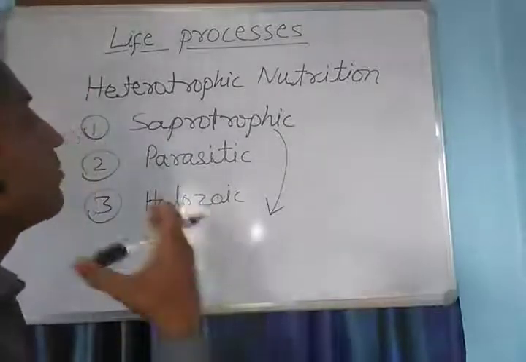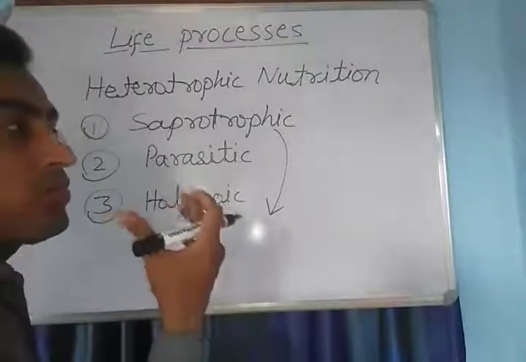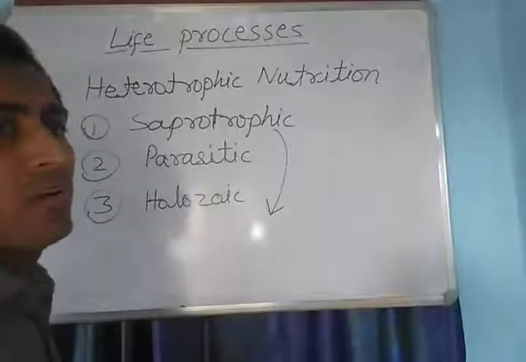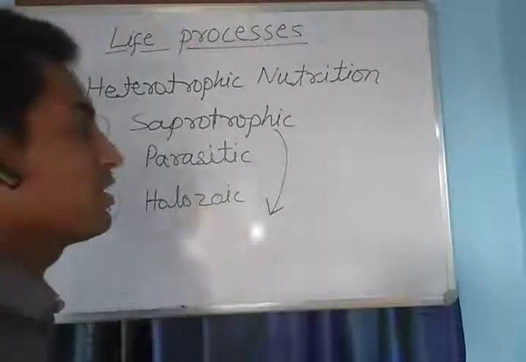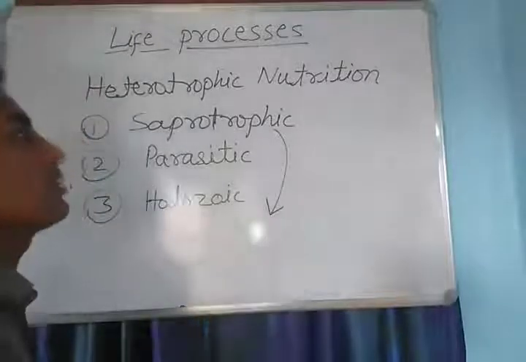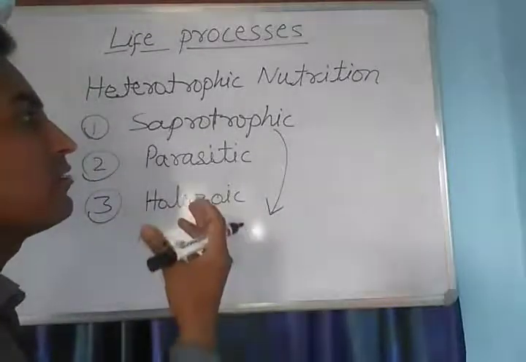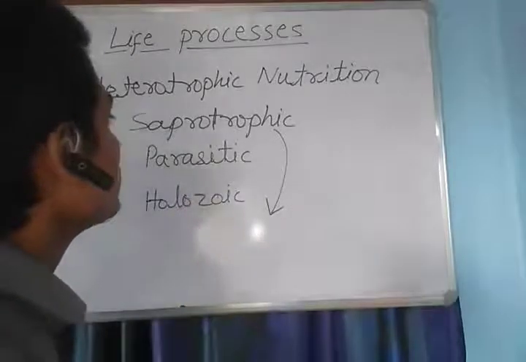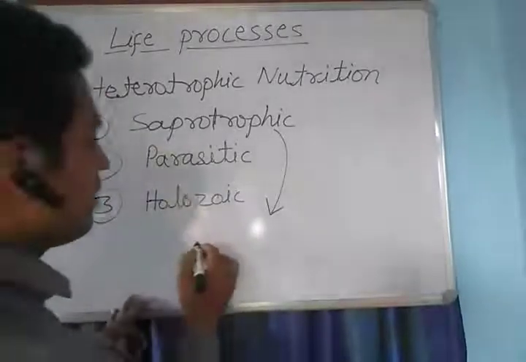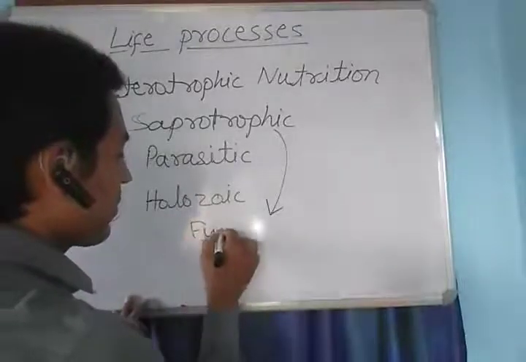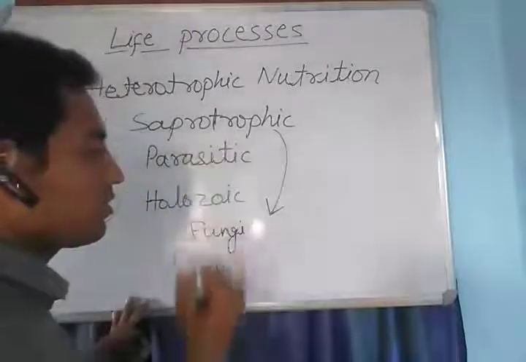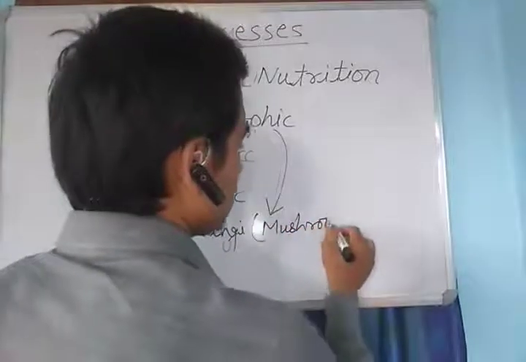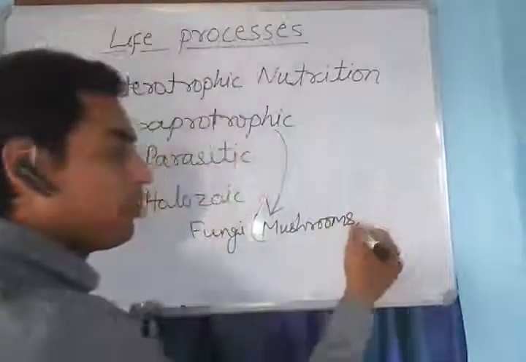So the saprotrophic mode of nutrition, which represents external digestion, helps in the fertility of the soil. For example, fungi like mushroom and bread molds.